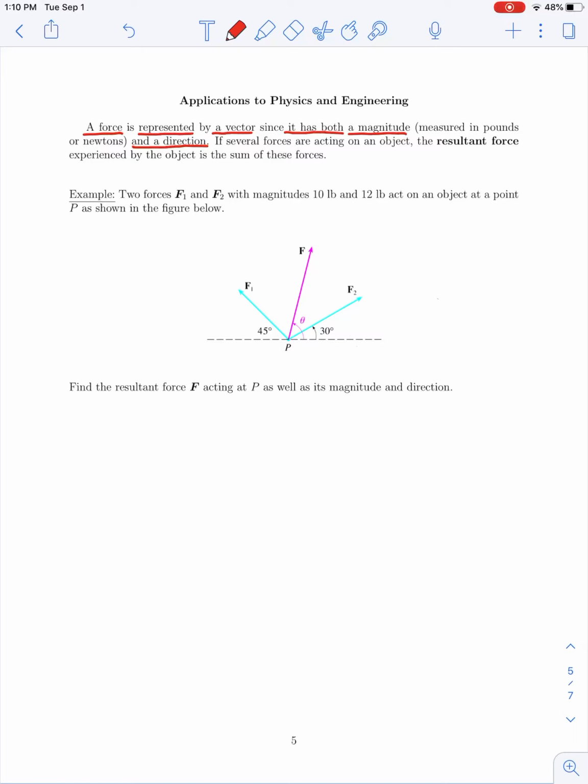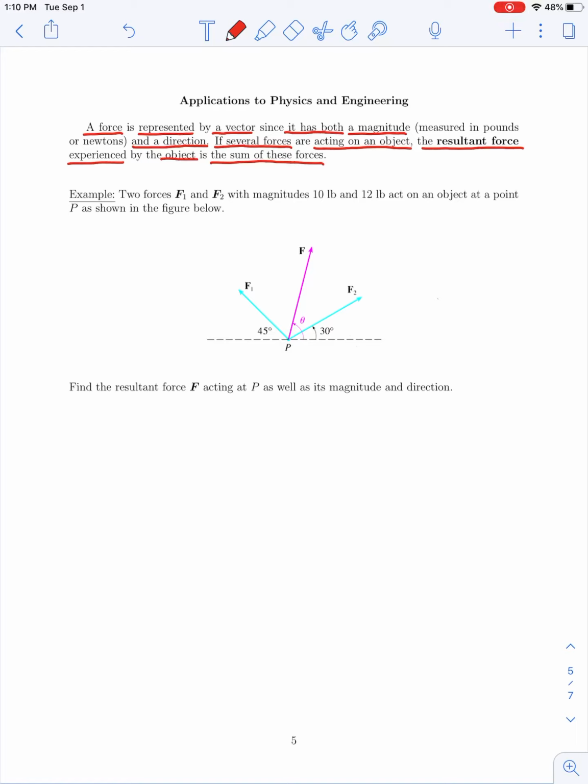So let's consider the problem that we have several forces acting on an object at any time. And the question is, well, what is the resultant force experienced by that object? And it's defined to be the sum of all of the forces acting on our object.